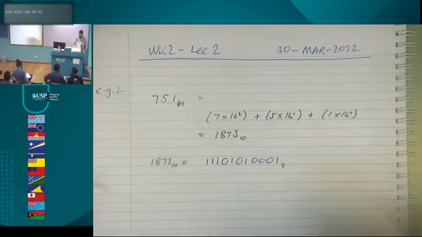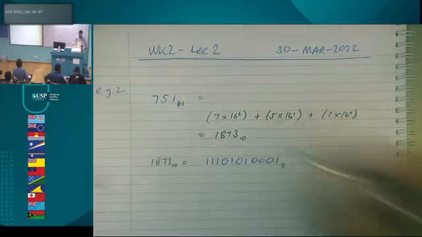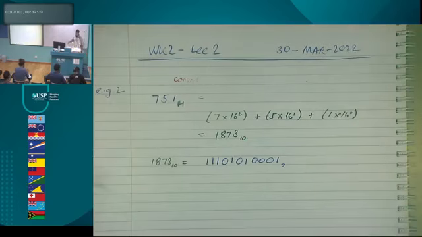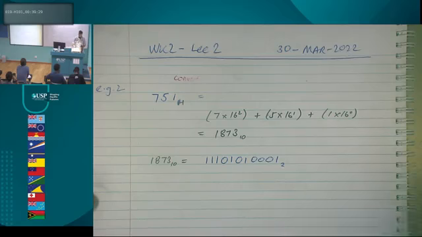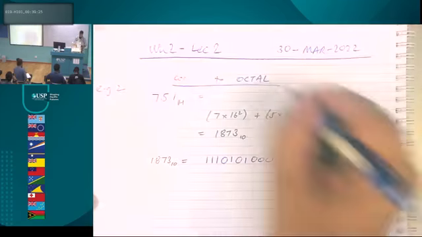Right, okay. Now the objective of the problem was to convert to octal. What does it say? Convert to octal. That was the objective of the problem.